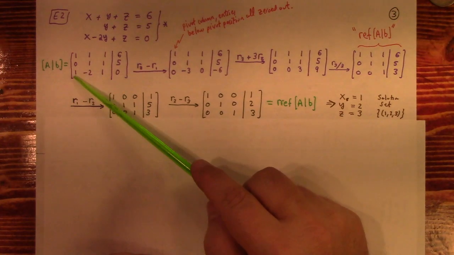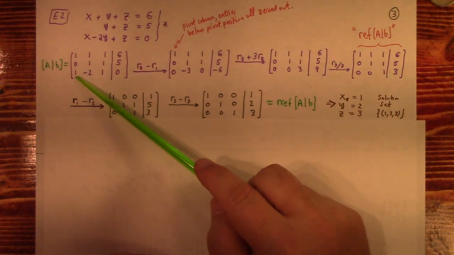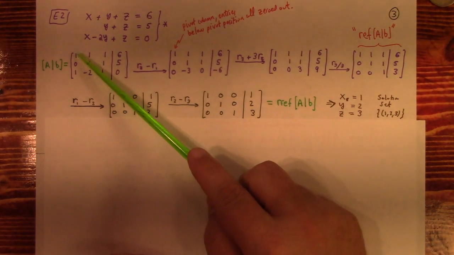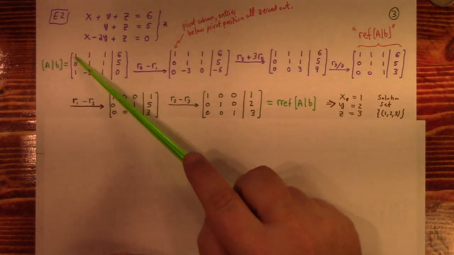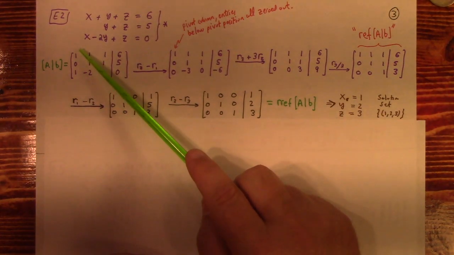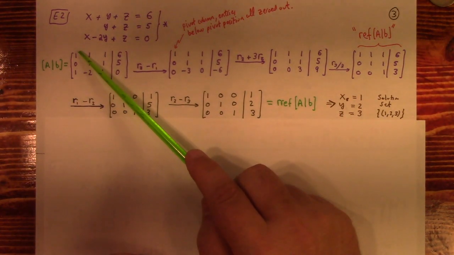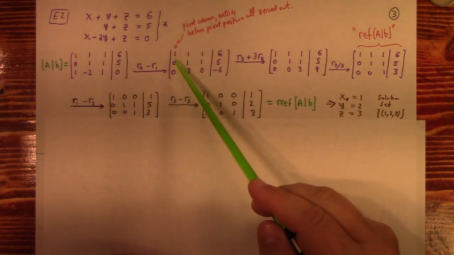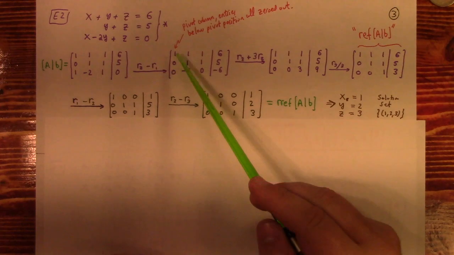So if the leftmost column in your matrix is non-zero, that means you can make the highest corner spot in the matrix a pivot. And after you're done with the row operations, you should have E1, that is 1, 0, 0 in that first pivot column.